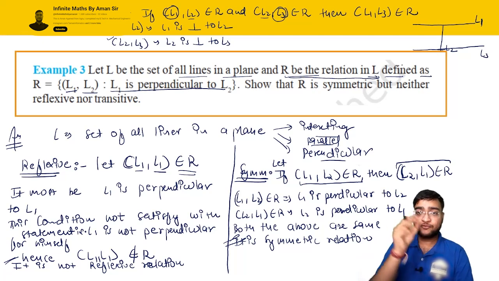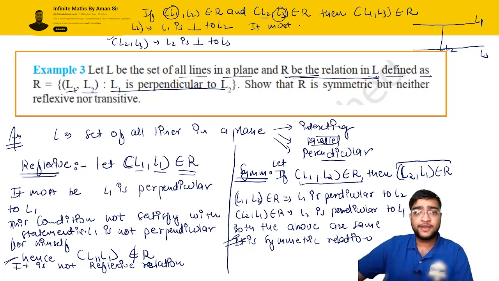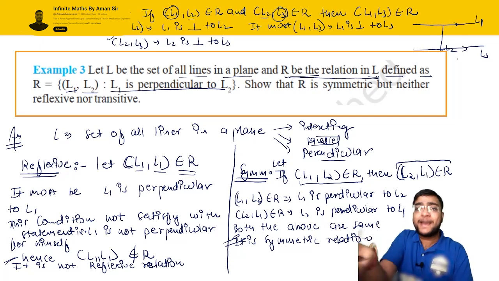Okay, sir. For it to be transitive, it must be that (L1, L3) is in the relation, that is, L1 is perpendicular to L3 here. But from this diagram I can show that L1 and L3 are actually parallel lines.